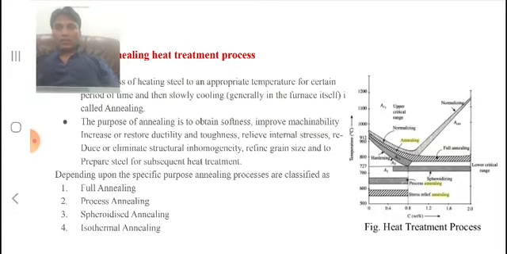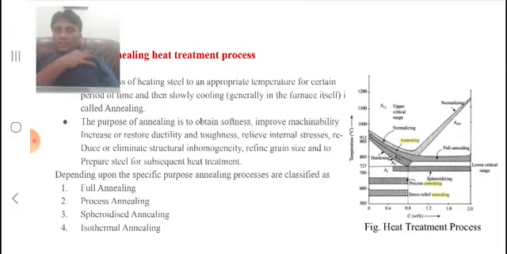So in full annealing, obviously at 0.8% carbon, that is eutectoid steel, we will get 100% pearlite, a coarse pearlite. Whereas in a 0.4% carbon steel, that is hypoeutectoid steel, we have to heat it above the A3 line and hold at that temperature for sufficient time for the austenite to become uniform, and then cool it to get 50% ferrite plus 50% pearlite.